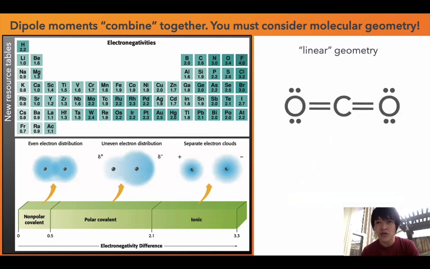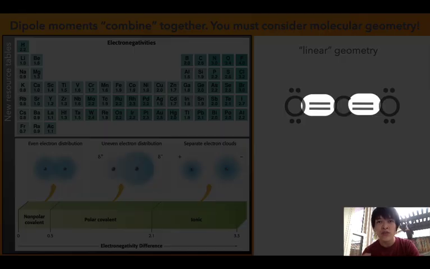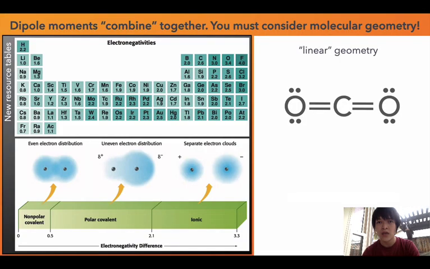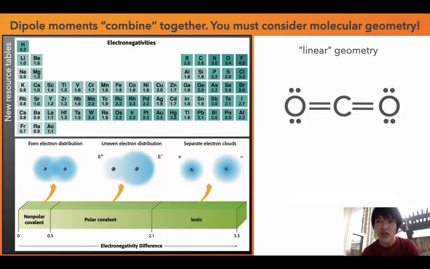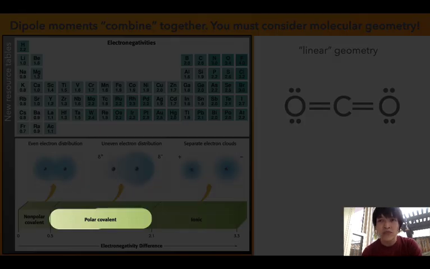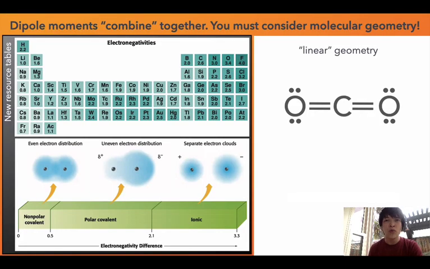Carbon dioxide molecules have a linear geometry. We have to calculate the electronegativity values for these two bonds. The difference between the electronegativity values for carbon and oxygen is 0.8. An electronegativity difference value of 0.8 means that these bonds are polar covalent. So we have to draw the dipole moment arrows that point towards the more electronegative atoms.